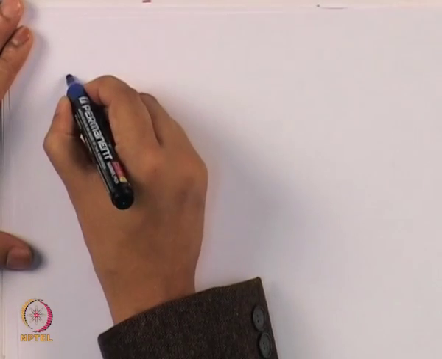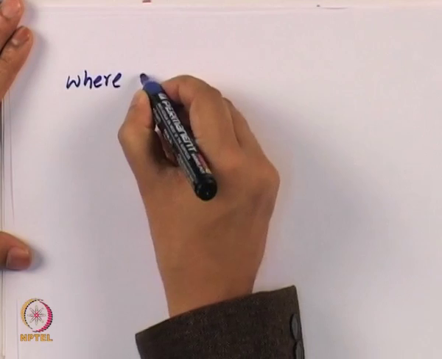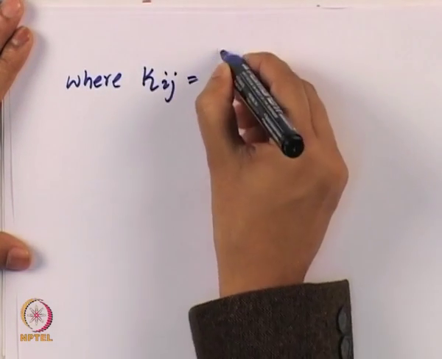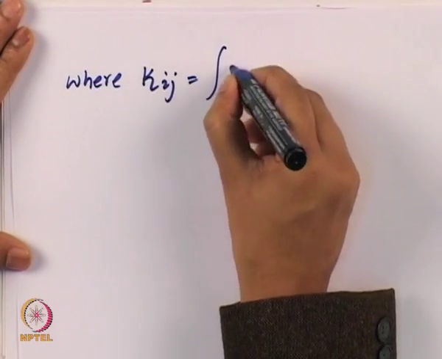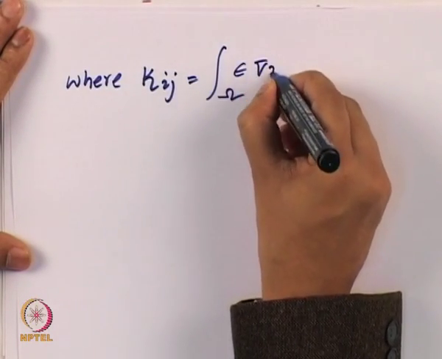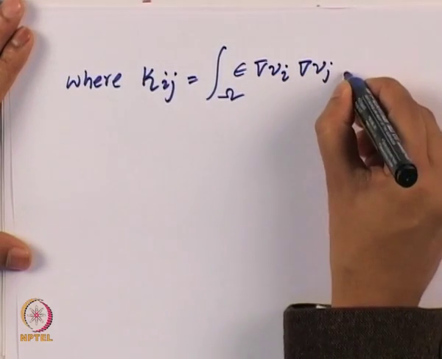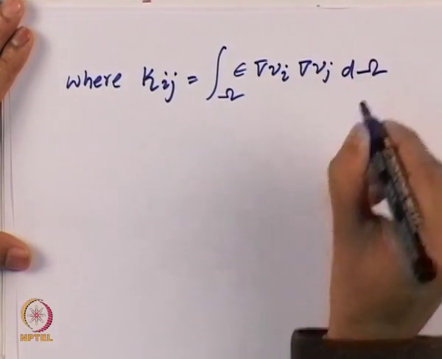Where k of i j is equal to the integral inside the domain of epsilon del v i del v j over the domain.